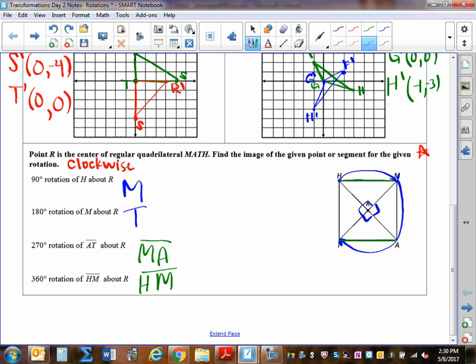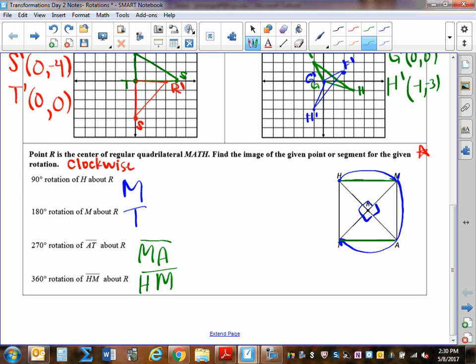Somebody, will you verify that I'm not lying to you and that is what it says? Okay, so unless stated otherwise, rotations in this textbook are counterclockwise.